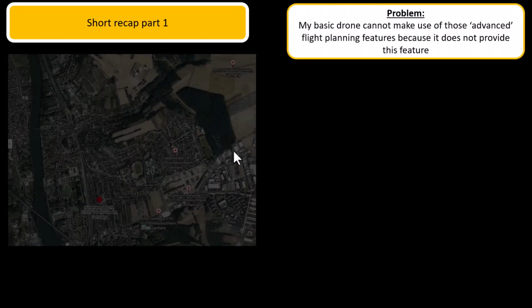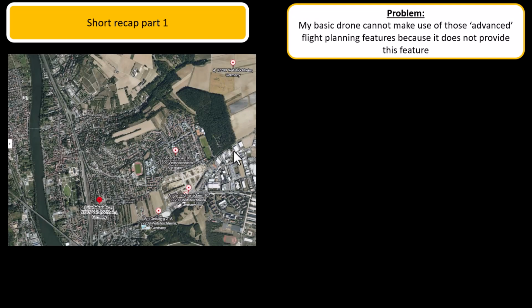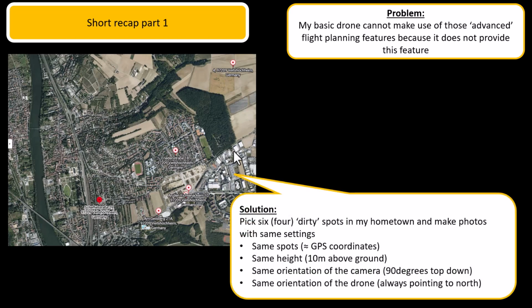Okay, so the problems that I experienced were, of course, the picture quality that I mentioned already at the end of the first post, and then a couple of other things. I don't want to dig into that in detail again, but what I did is I basically selected 4 spots, so this, and this. On these 2 I gave up, and made pictures always at the same height, same orientation of the camera and the drone and so on.